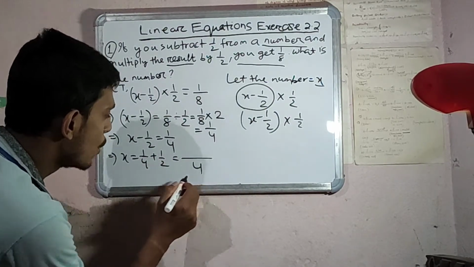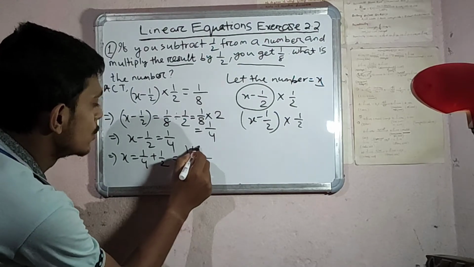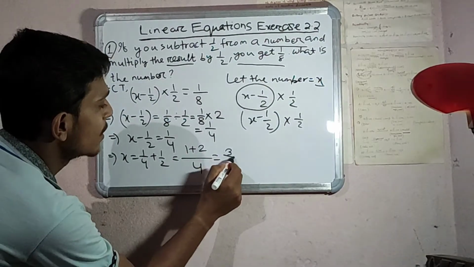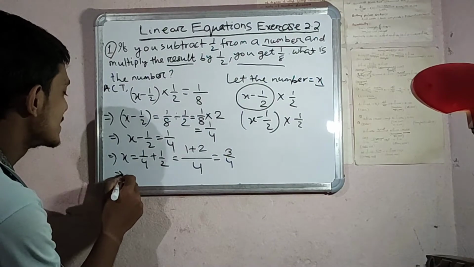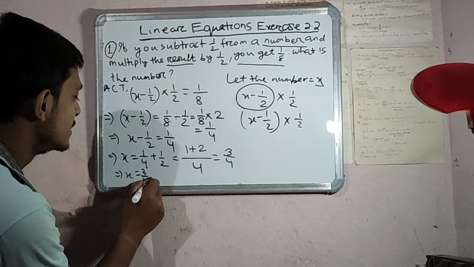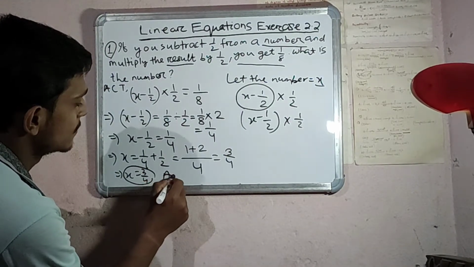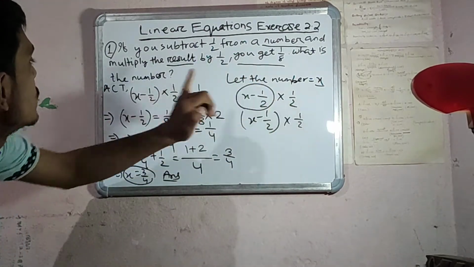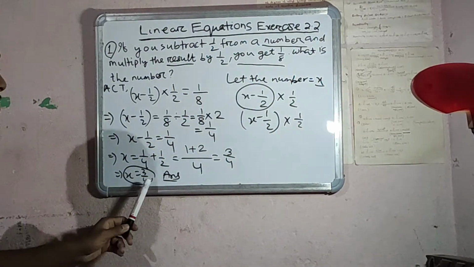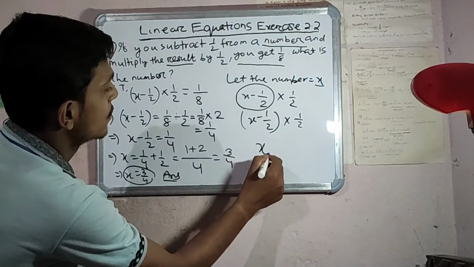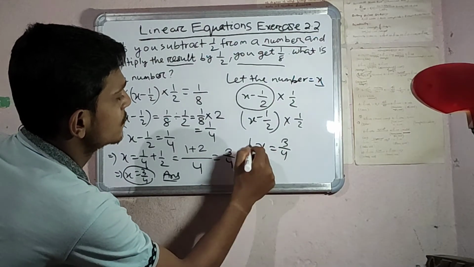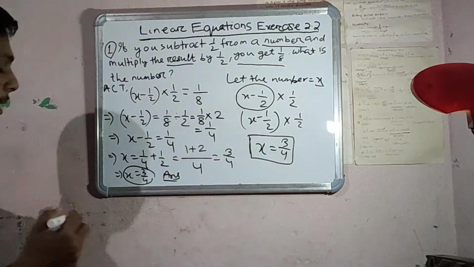So LCM is 4, 1 plus 2, that is 3 upon 4. So the value of x is 3 upon 4, and this is the answer. Because the question is what is the number? So this is the number, that is 3 upon 4. Okay.